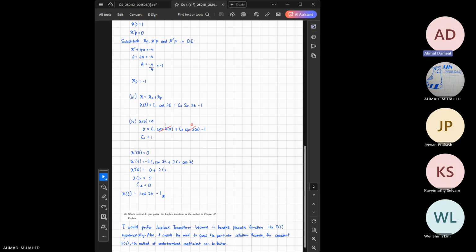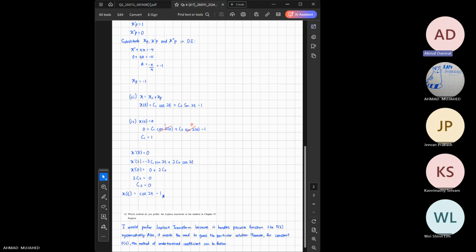So we consider x double prime plus 4x equal to 0. Find the roots: alpha equal to 0, beta equal to 2. Using the formula, we get x_h equal to C1 cos 2t plus C2 sin 2t. Another step, we solve for x_p, where x_p equal to A, x prime p equal to 0, x double prime p equal to 0.